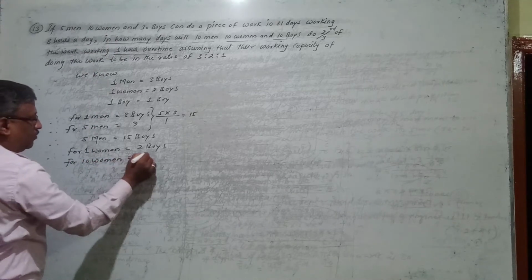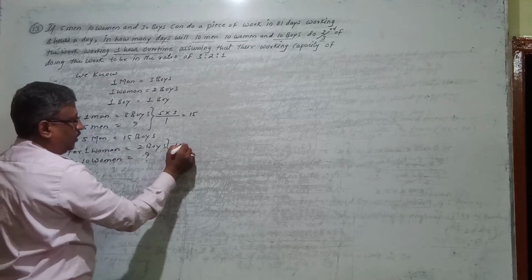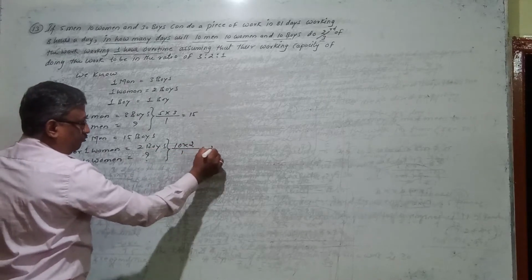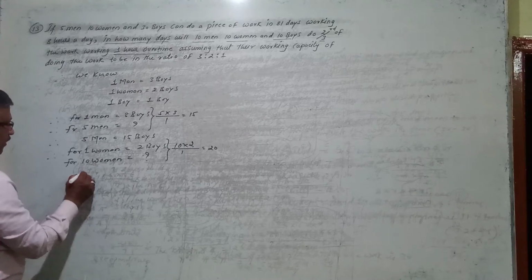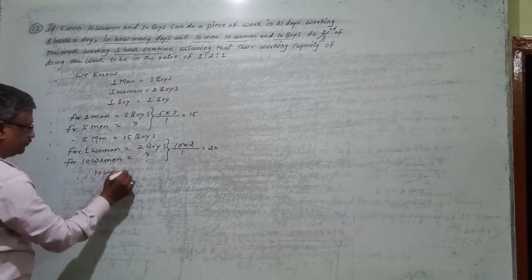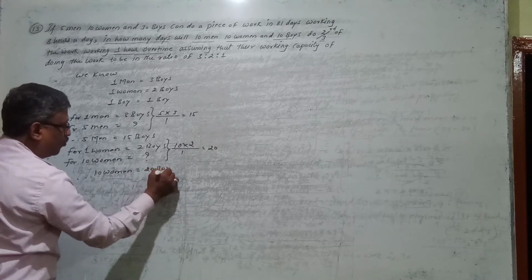It is 10 into 2 divided by 1. So it comes to 20 boys. So here you write 10 women equal to 20 boys.